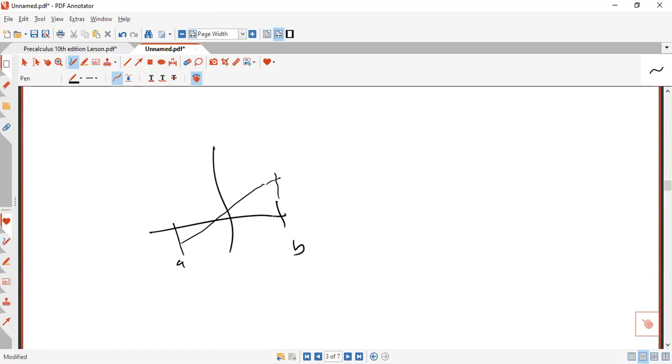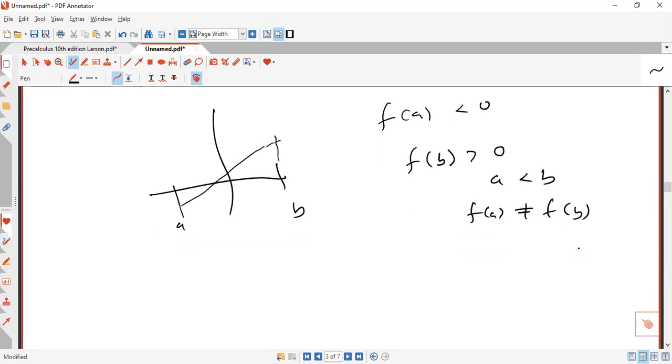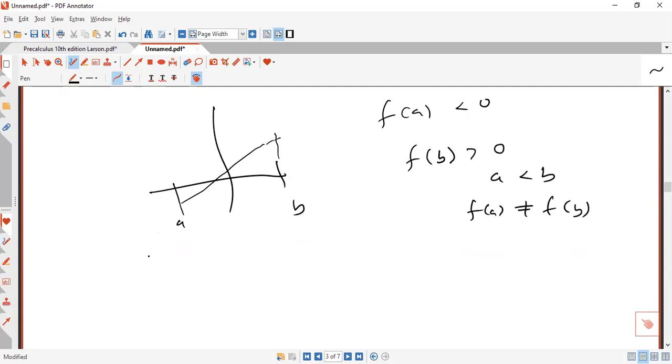So here you can see that f of a is negative and f of b is positive, clear, and a is less than b, and so f of a is not equal to f of b. Now this intermediate value theorem will give you a guarantee.